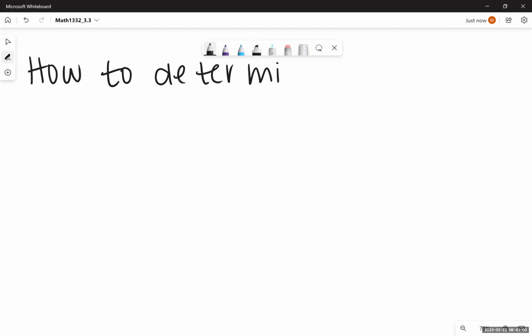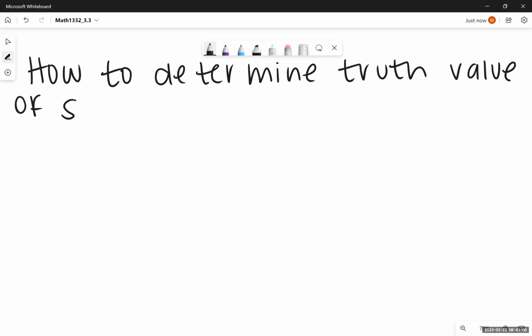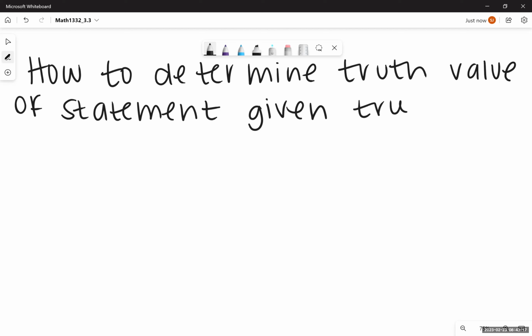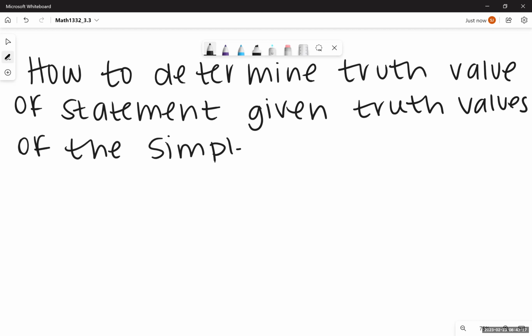How to determine, this is what we're fixing to learn. We're going to learn how to determine truth value of statement given truth values of the simple statements.